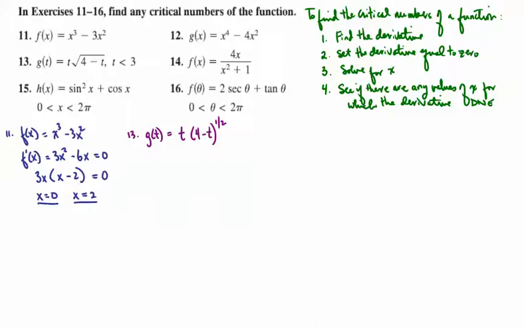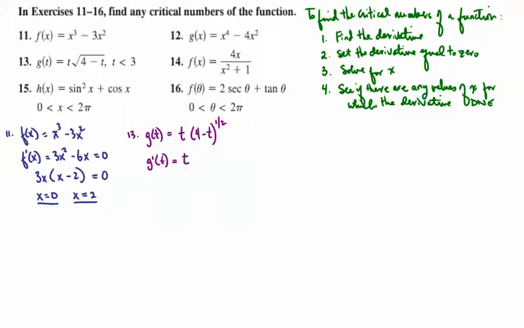So, finding the derivative, g prime of t, notice we have a product as our basic structure, so we're going to have to use the product rule, and then we have a function composition in one of the factors, so we'll need to use a chain rule inside the product rule, which makes it a little more complicated.